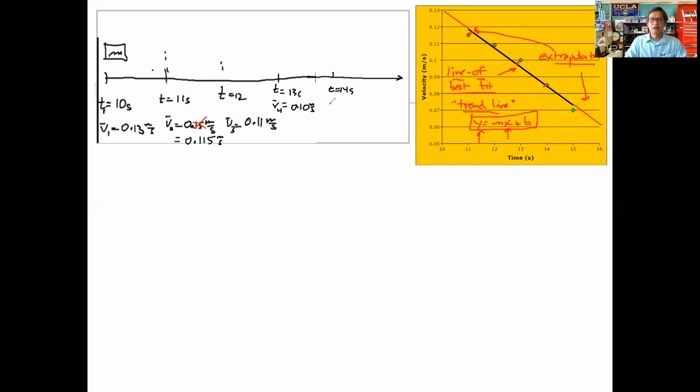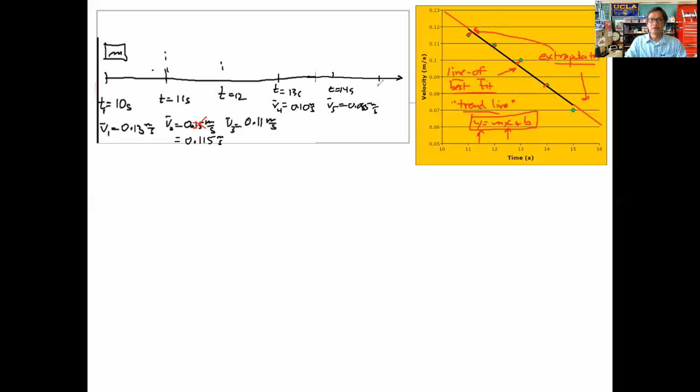The velocity here, and I'll stop right here because I'm running out of room. We had 0.10 at t equal to 14. We can include the last one. We'll call that about 0.085 meters per second. And then finally, let's do the last point here.